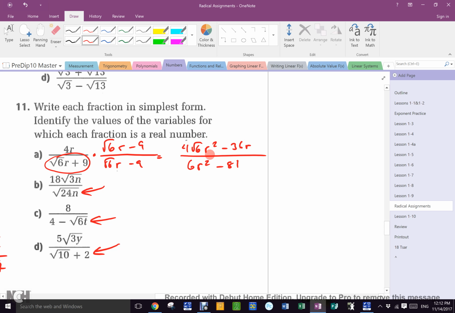So I would GCF that out: out can come a 4r, and that would leave in there root 6r minus 9, right? Over, and on the bottom there, I could get out a 3, and that would leave 2r squared minus 27. And then you would go on doing stuff like that. I haven't looked at the answer, so I don't know what they want. But that is essentially what they're doing.